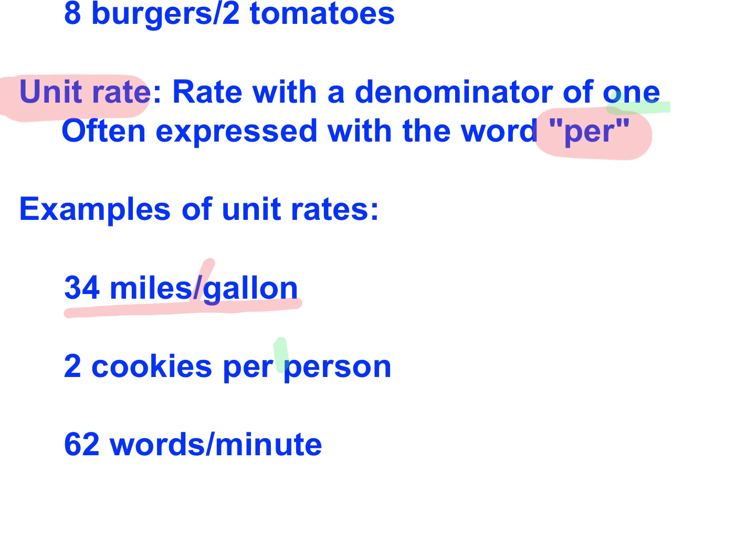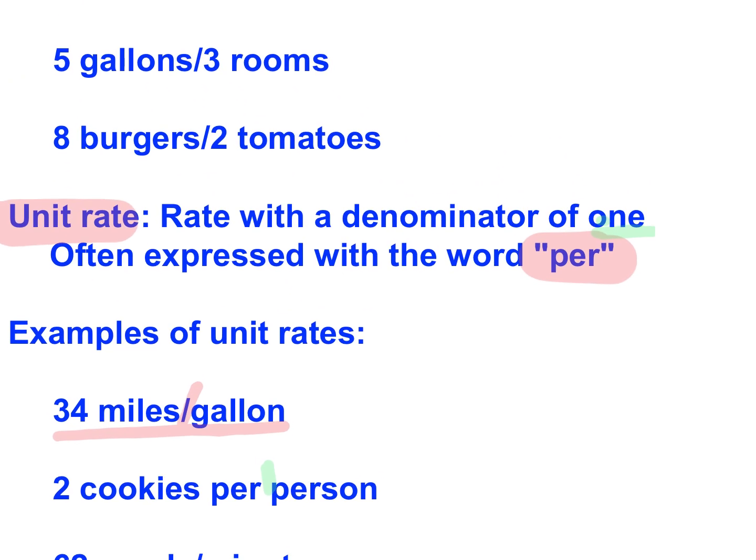That would be like a rate that we would use when we're talking about maybe reading speed or typing speed, how fast you can keyboard on your computer. I can type 62 words per minute. So on average, I can type 62 words in a minute. Okay? Those are all unit rates because not only is it comparing 2 different things, but it's comparing one thing to 1 of another thing.